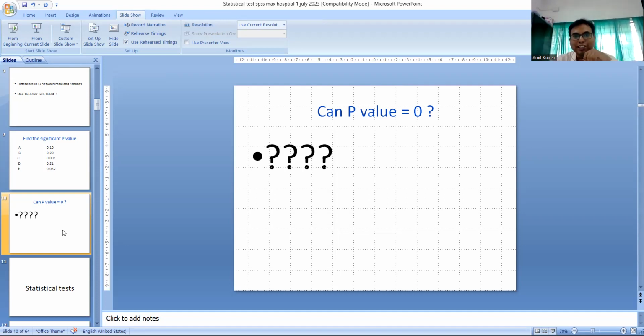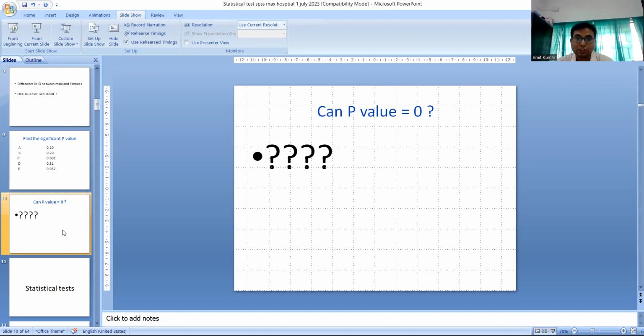Everyone will have to die one day. Other than that, in any comparison we are doing, we cannot say the p-value is 0 in any way. Probability cannot be 100% in any way.